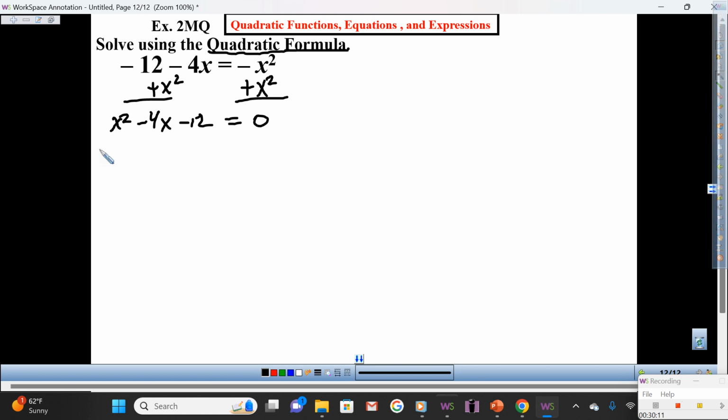Okay, so even though he skipped a little step, that's fine, and let me write it out. Ax squared plus bx plus c equal to 0. So what is a? 1, b, and c. Okay, continue.